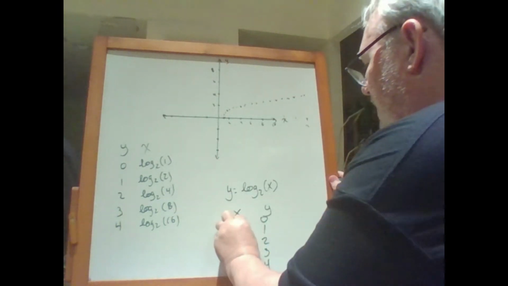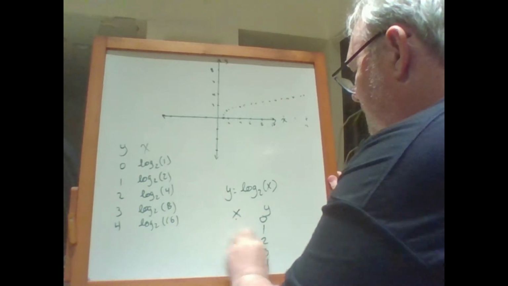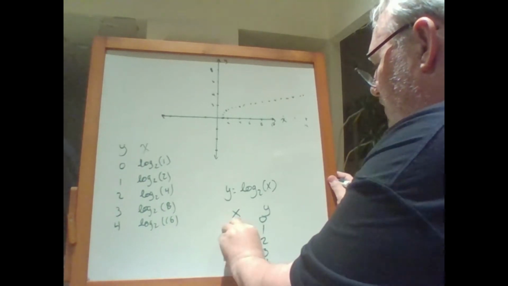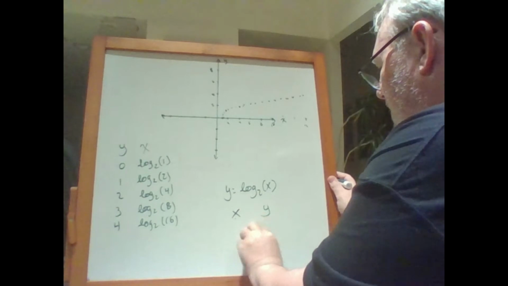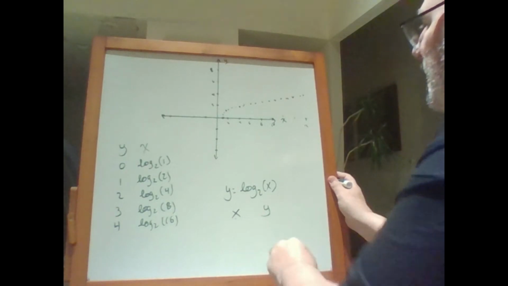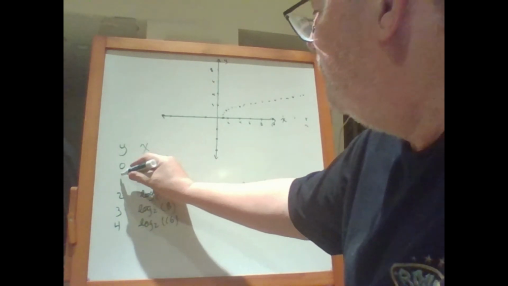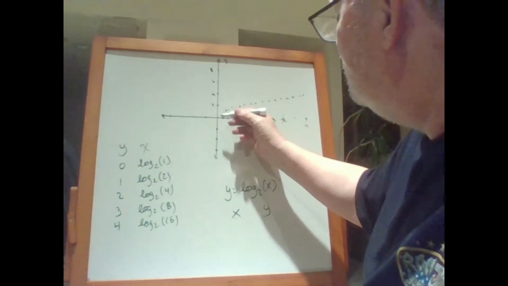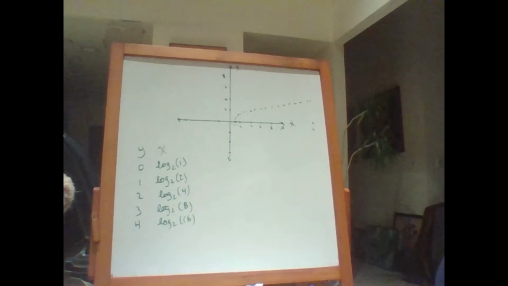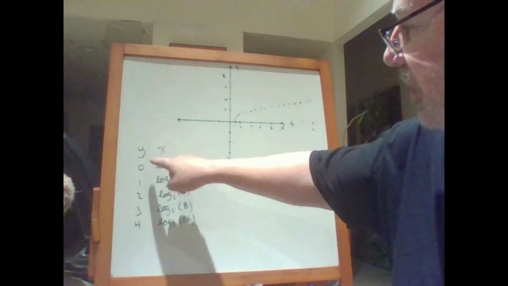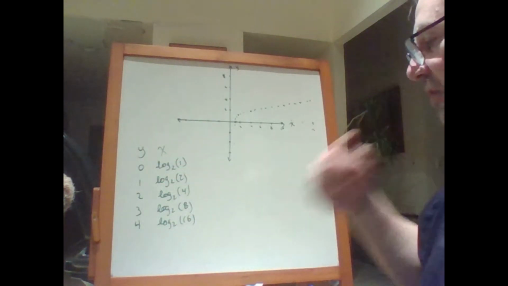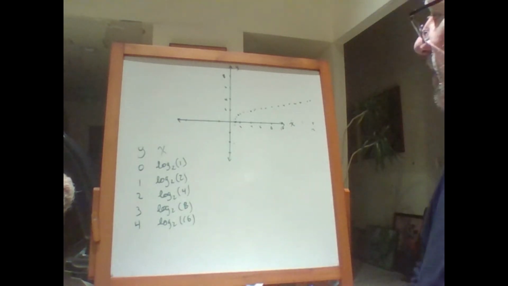Now, as x approaches 0, we start getting into fractions. But we didn't make room in our table for these fractions. So let's make another table.